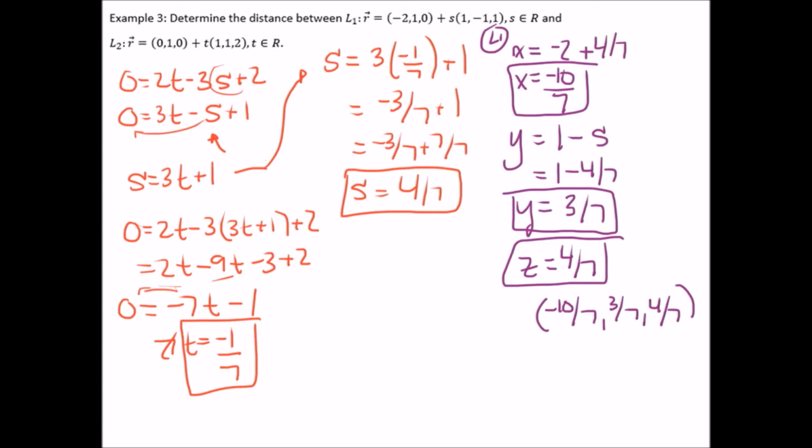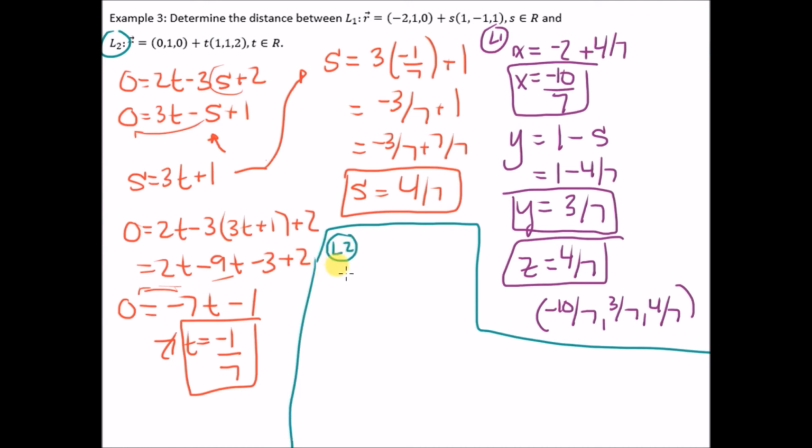Now we do the exact same thing for line 2. I'm just chunking this up so we can use the board and we can see all the work. x equals 0 plus 1t, so it's negative 1 over 7. Then y equals 1 plus 1t, 1 plus negative 1 over 7.